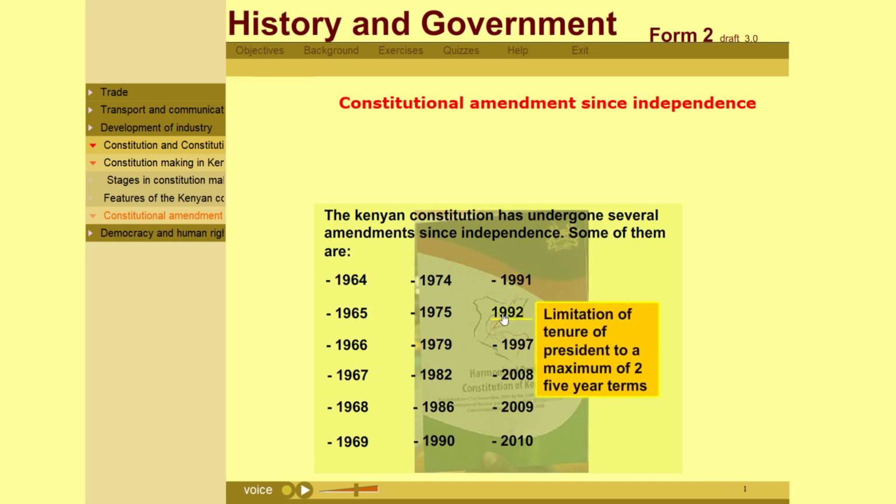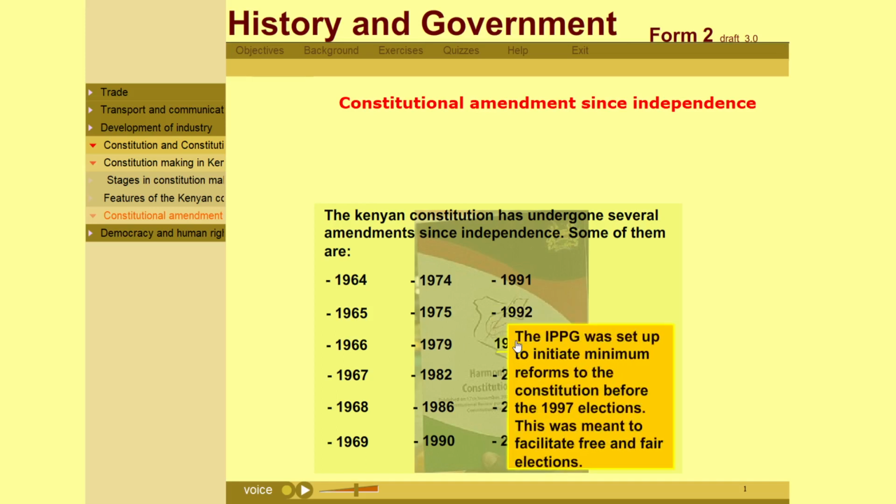Limitation of tenure of president to a maximum of two 5-year terms in 1992. In 1997, the IPPG was set up to initiate minimum reforms to the Constitution before the 1997 elections. This was meant to facilitate free and fair elections.